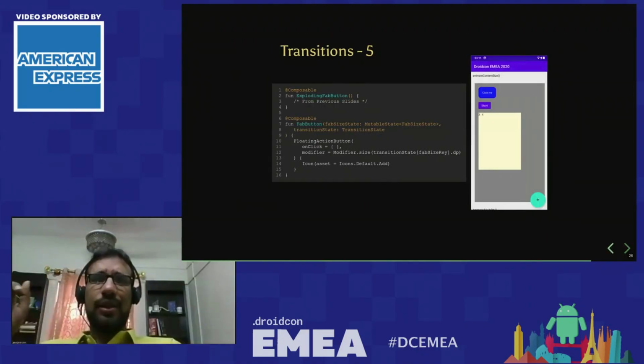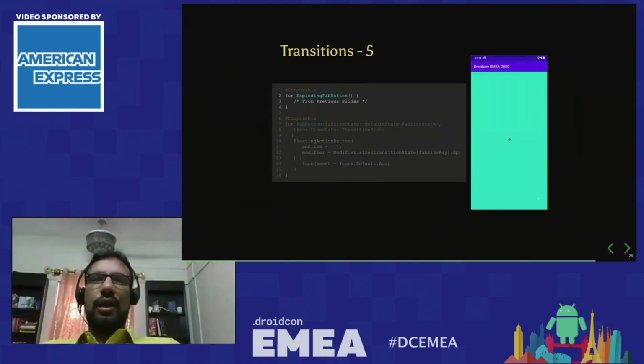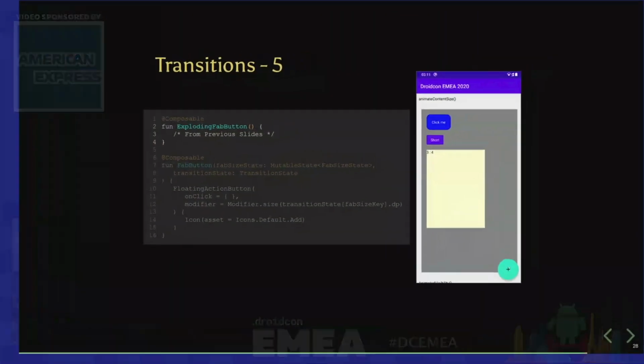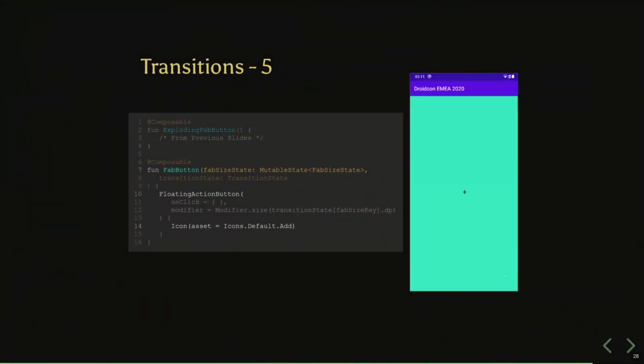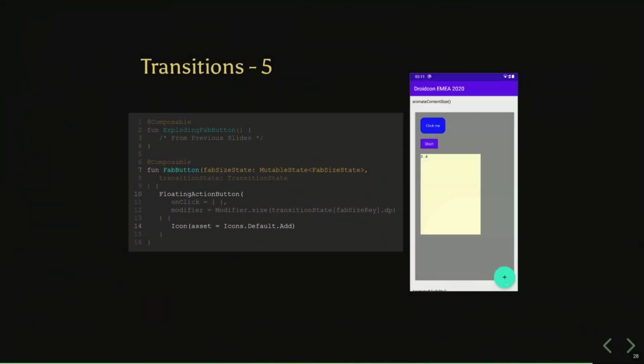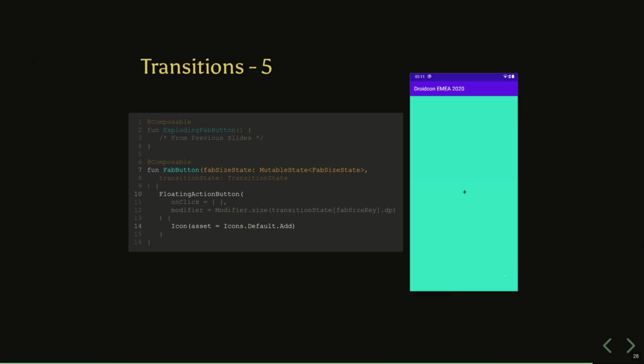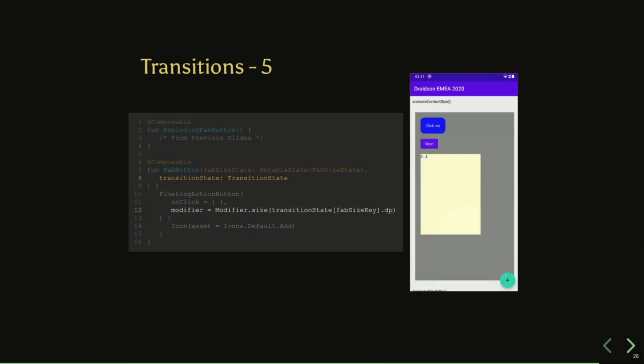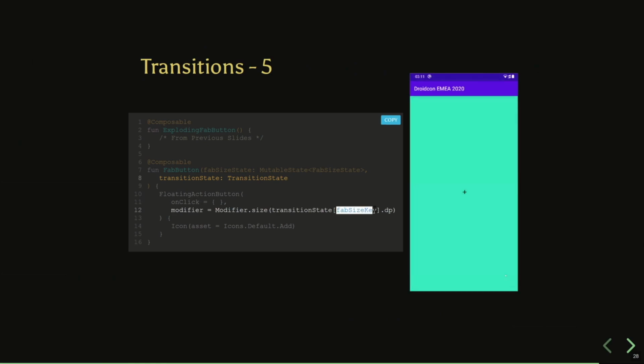So this is the whole previous exploding fab button, which calls the fab button composable. So we have this. It's a simple floating action button, nothing fancy, with an icon added. The interesting thing is this modifier size. Now you can see that I have actually used the transition state, and then I have put the key here. So this is very important.